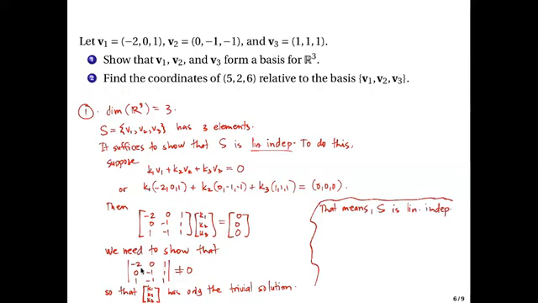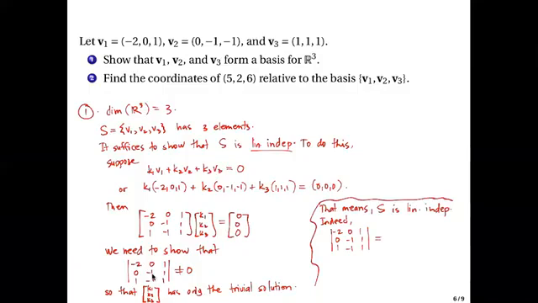So let's show that this determinant here is non-zero. So indeed, the determinant of -2, 0, 1, 0, -1, 1, 1, -1, 1.